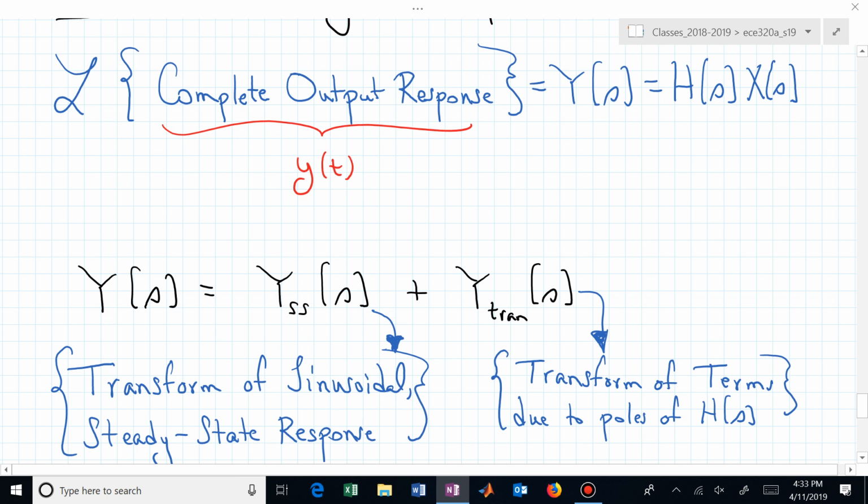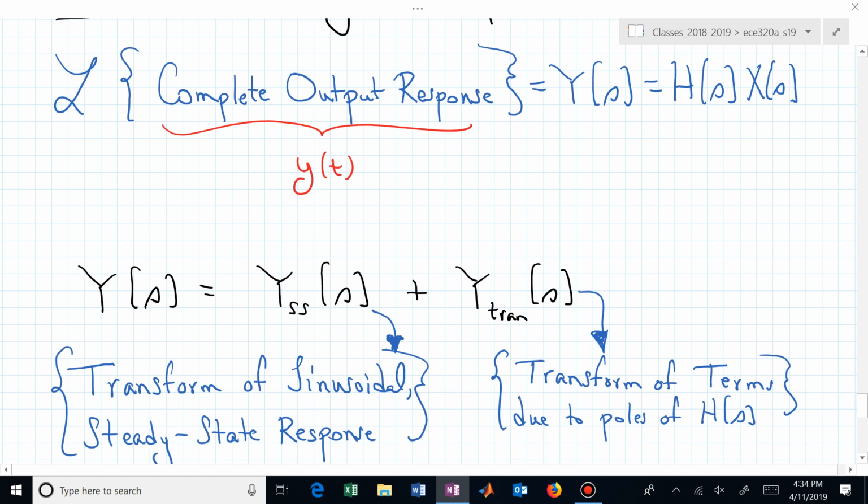One piece is due to the beginning, isn't it? It's due to the transient. The other piece is what we're interested in, and that's what happens after the transients have disappeared. The transient terms are due to all of the poles in H of s.